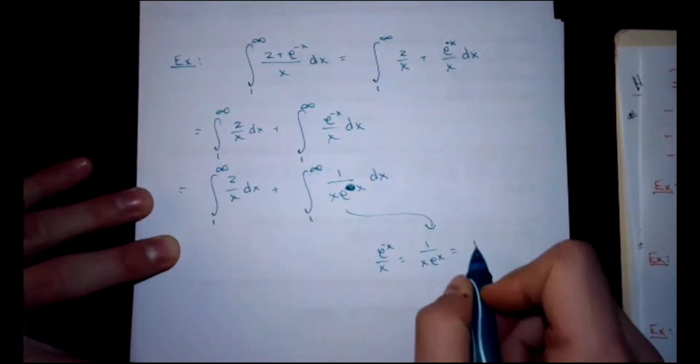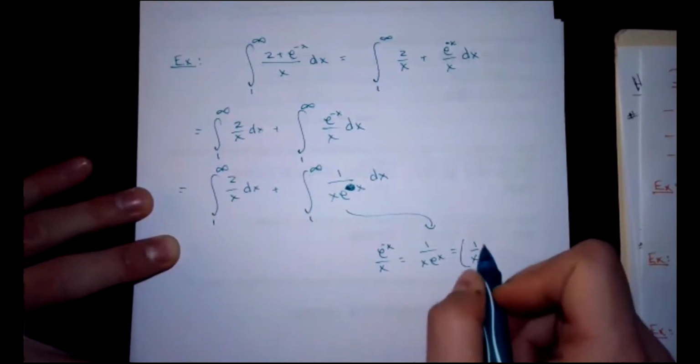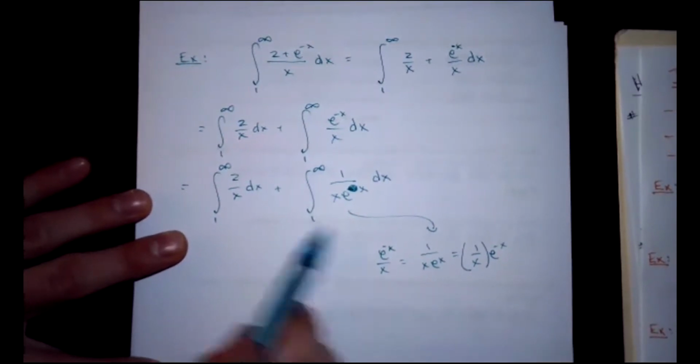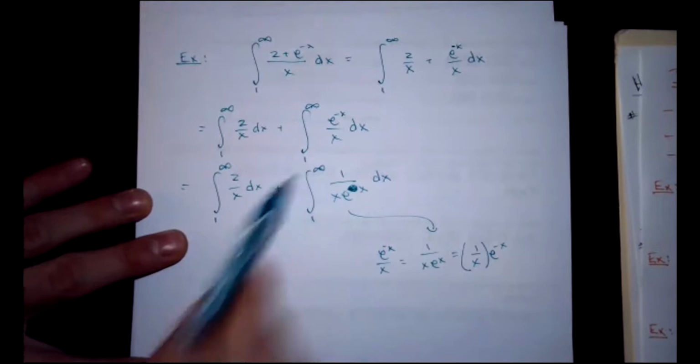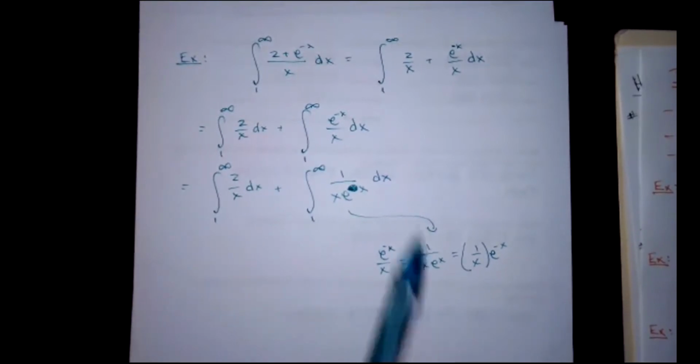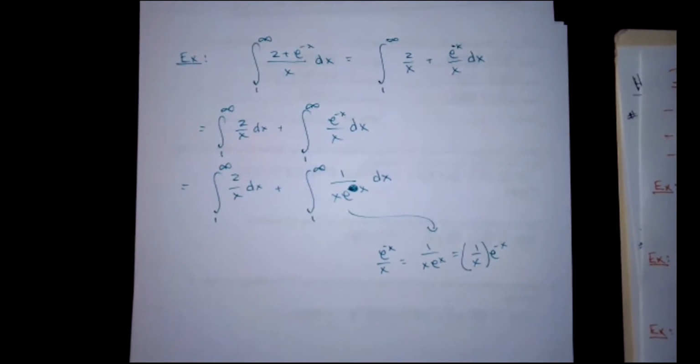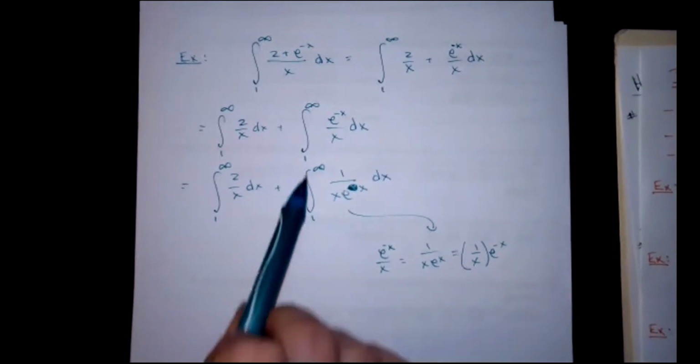You could also maybe write it like this, 1 over x times e to the minus x. Pay attention to your x values. This is something else that's going to come up, which we kind of saw when we wrote the examples. Integrating between an asymptote and a finite number is different from integrating from a finite number out to infinity. So always pay attention as to the size of the bounds that you're going to integrate.